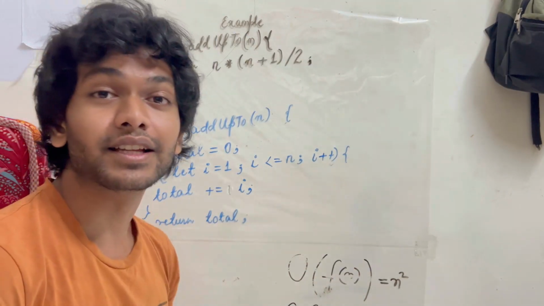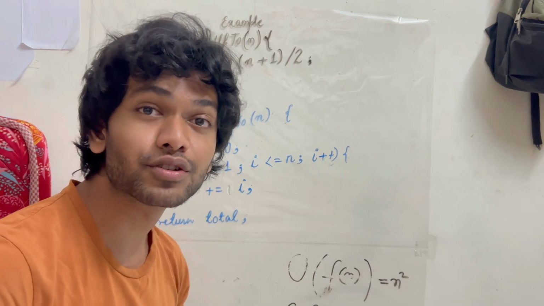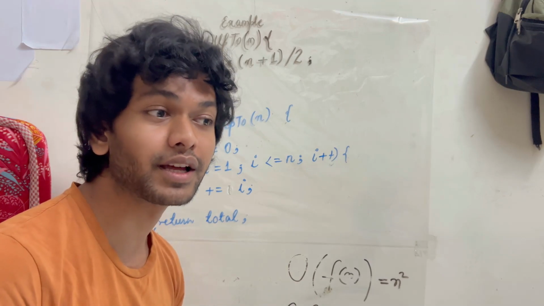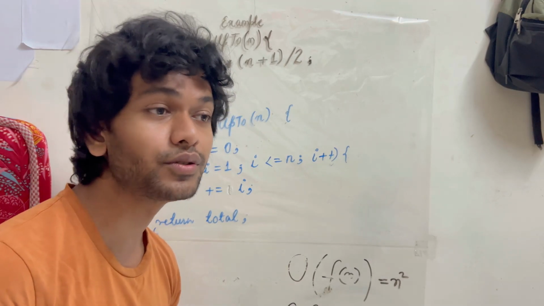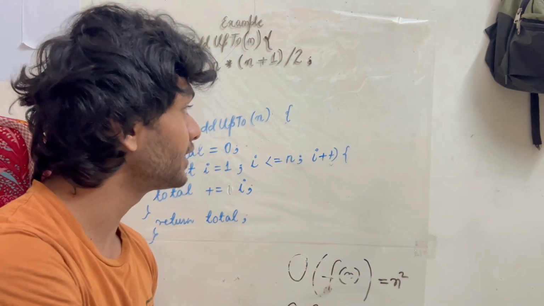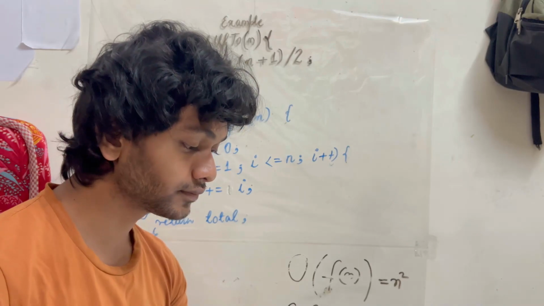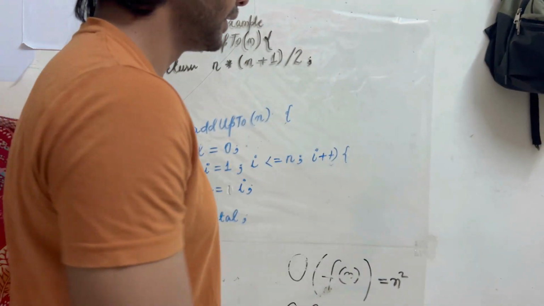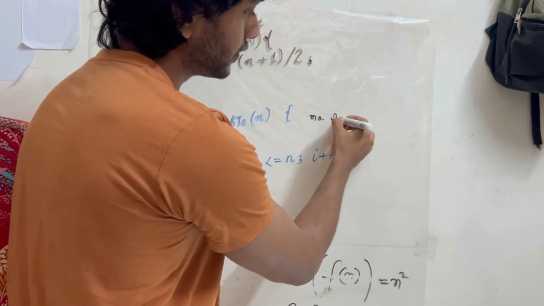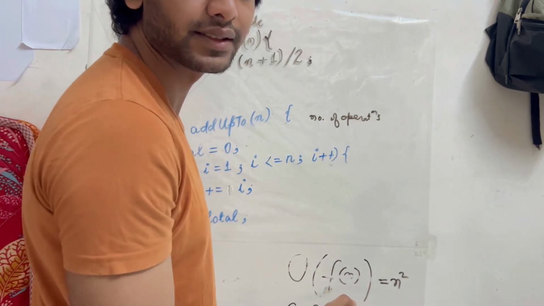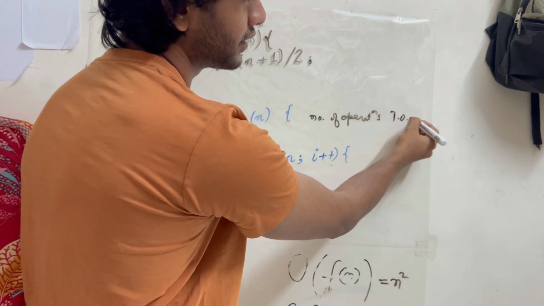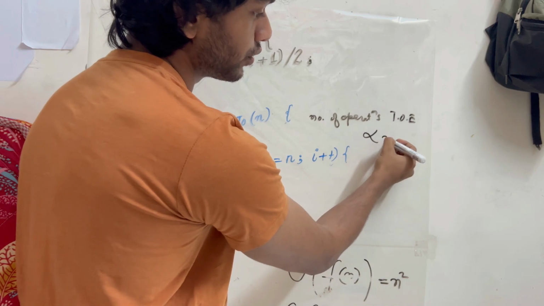In this one, the number of operations, the thing which actually decides whether a function is fast or slow, is constant. And here it is dependent on the loop, right? Here it is dependent on the value of n. So we just figured that out. The number of operations, that is the time of execution, is directly proportional to n.